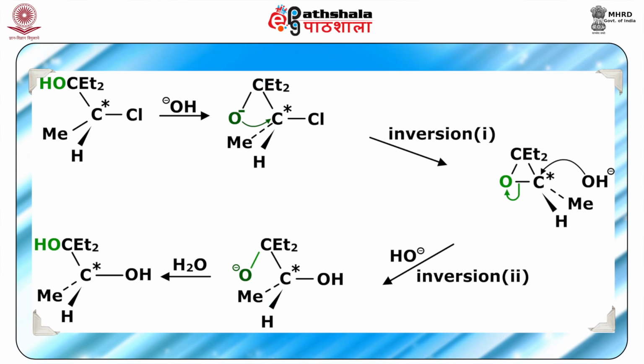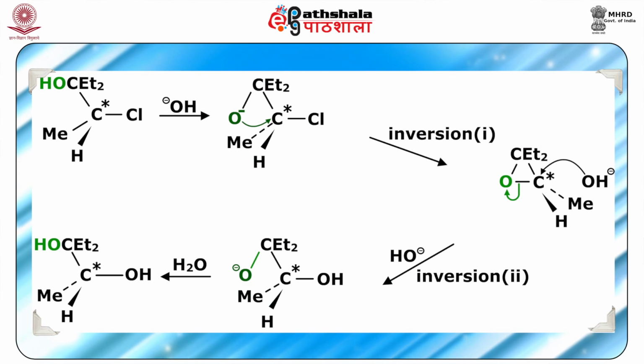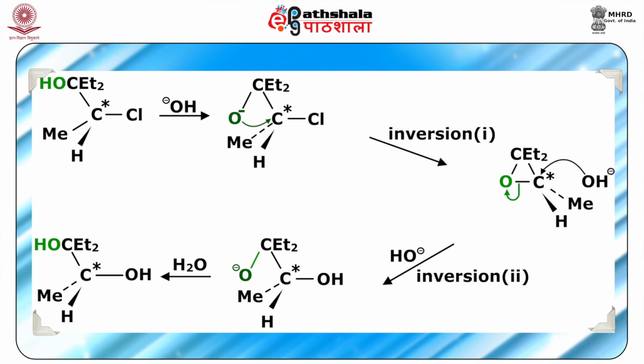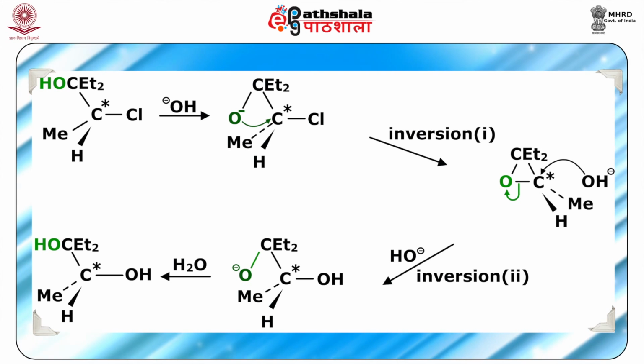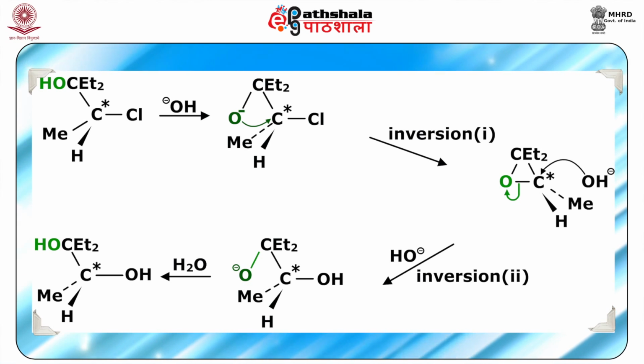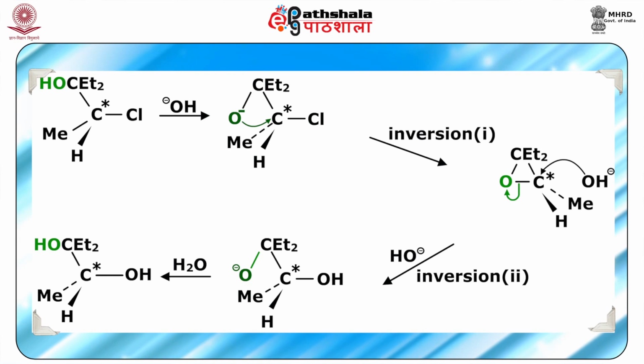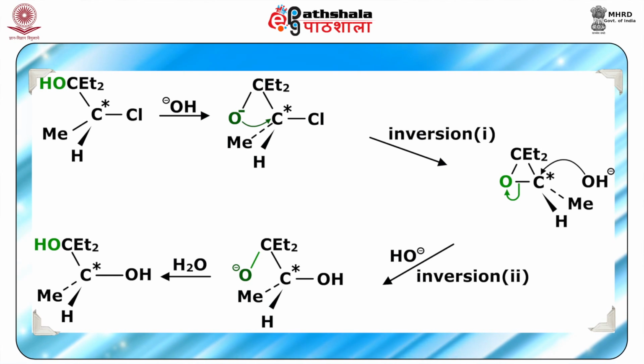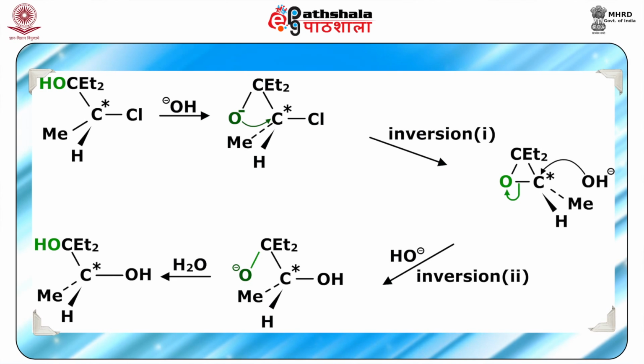So, let us try to understand this as shown here. This chiral carbon, where you can see this Cl we want to replace by OH via hydrolysis, had it undergone SN2, the OH minus would have done the backside attack and led to the inversion in stereochemistry.